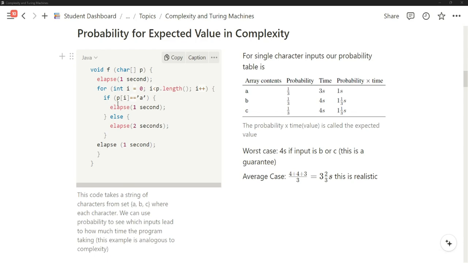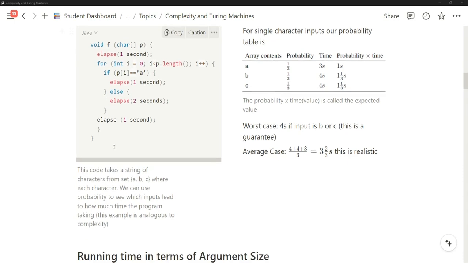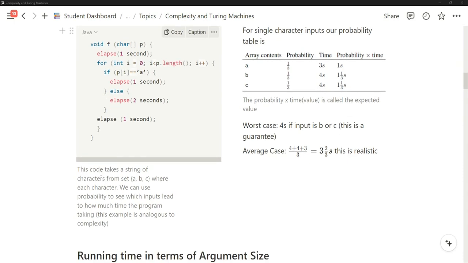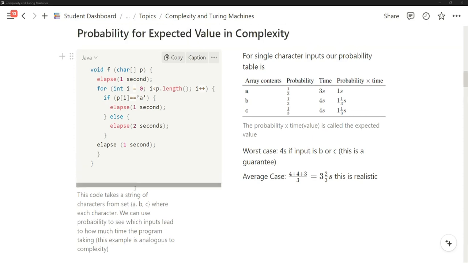If the character it's currently on is an A, it will elapse 1 second, so wait 1 second. If it's not an A, it will wait 2 seconds. And after the for loop ends, meaning it's gone through all the characters, it'll wait one more second before terminating. The set of characters that we can take in for this program is A, B, and C.